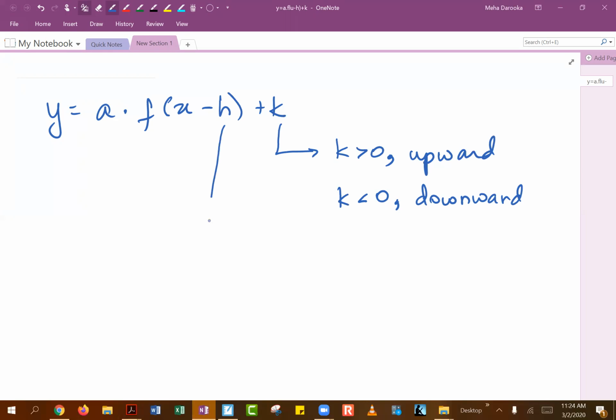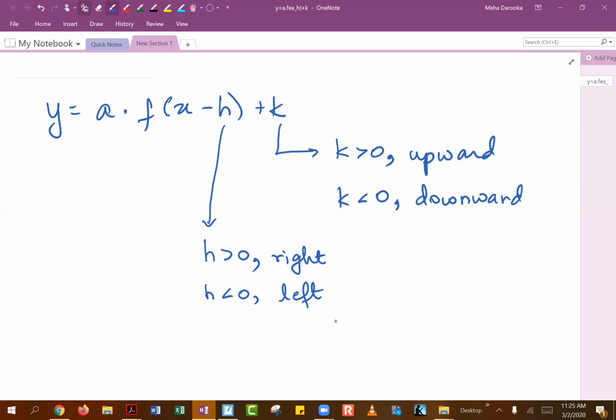Now this h value, this is actually going to work like circles did. So if you have x minus h, that means h itself is a positive number. So if you see x minus 3, that means 3 is a positive number. And if h is a positive number, your graph actually moves to the right. If h is a negative number, your graph will move left, which means your parentheses is going to have a plus sign.